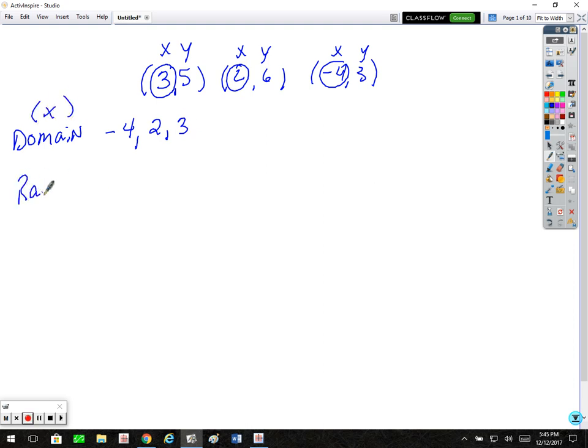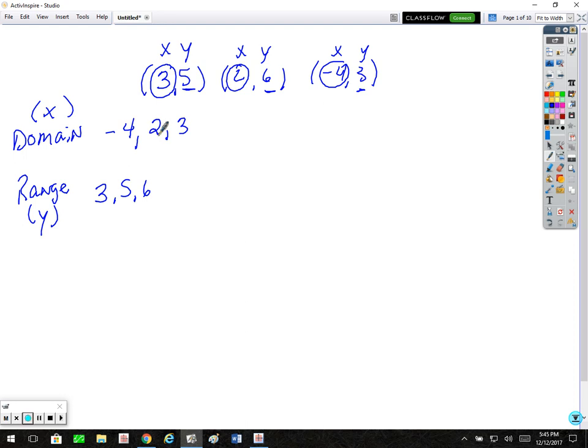Well, range will be all of my y values in this set of ordered pairs. So here my range would be the ones I have underlined. And we'll try to put those in order from least to greatest: 3, 5, and 6.